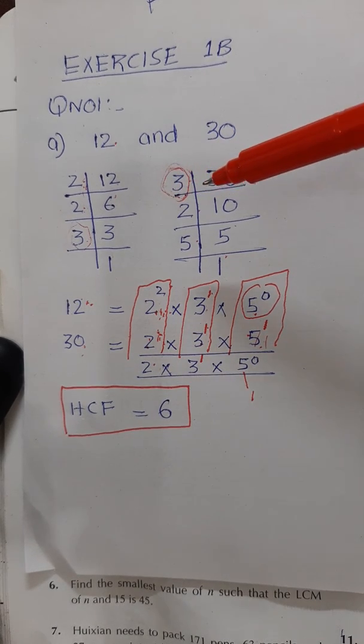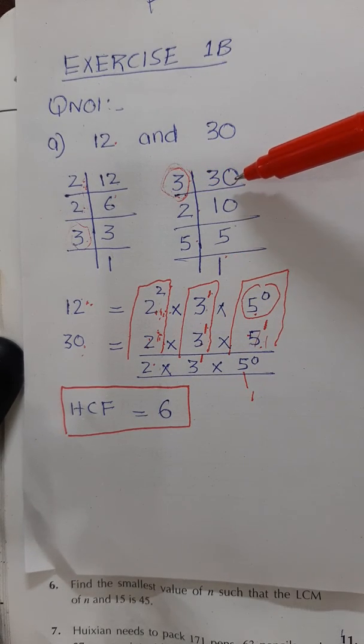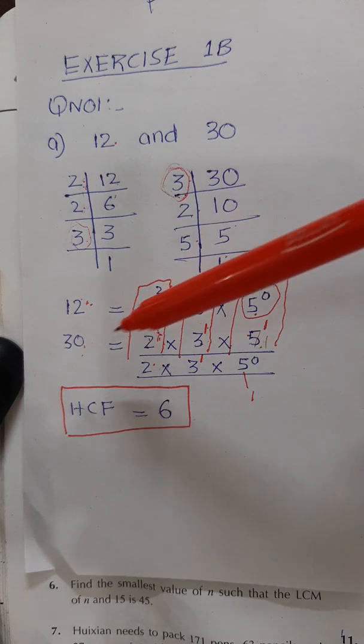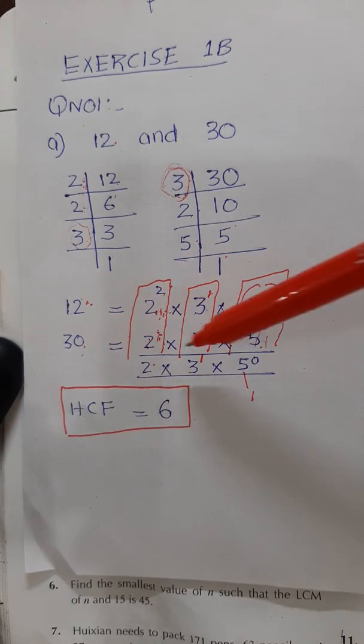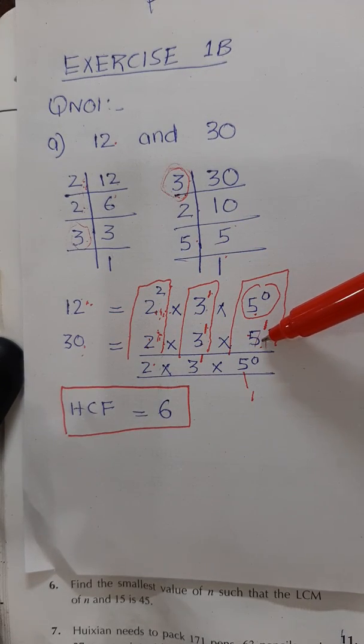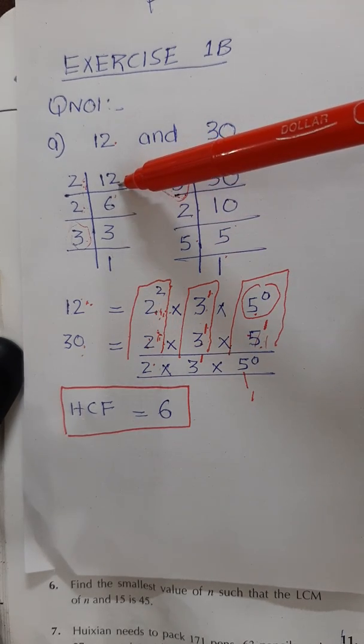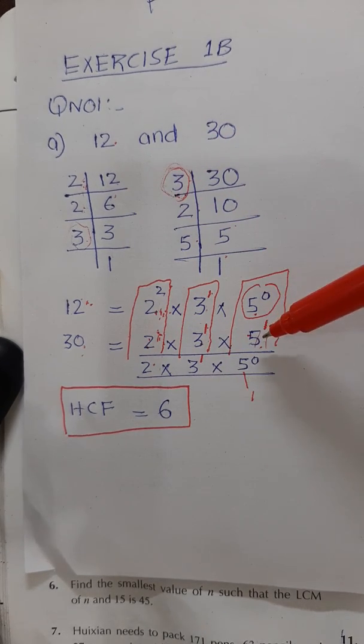Now the next one from the factors of 30 is 5, so write 5 over here. But if I look into the factors of 12, I don't have a 5.